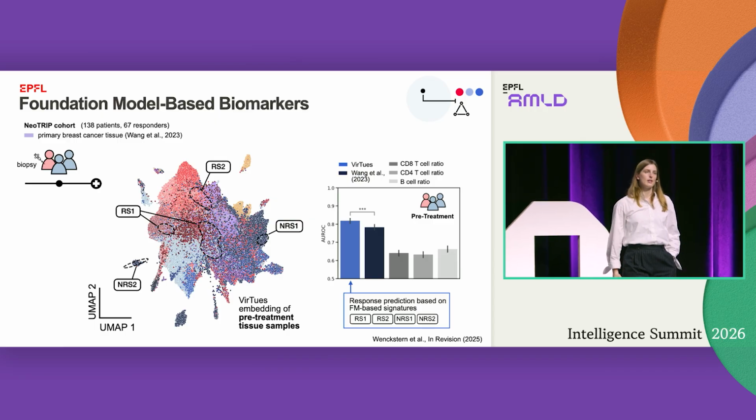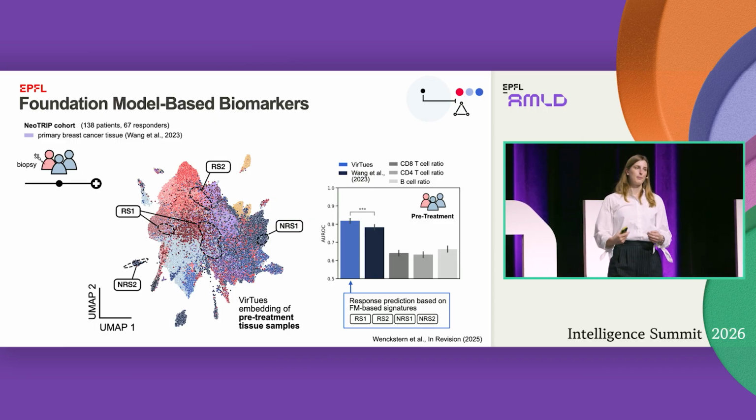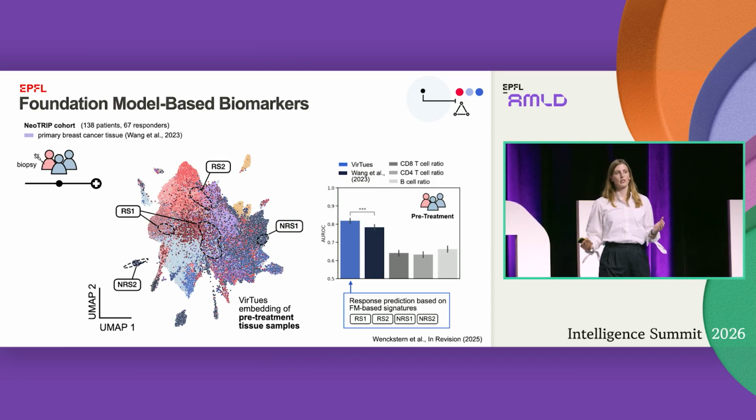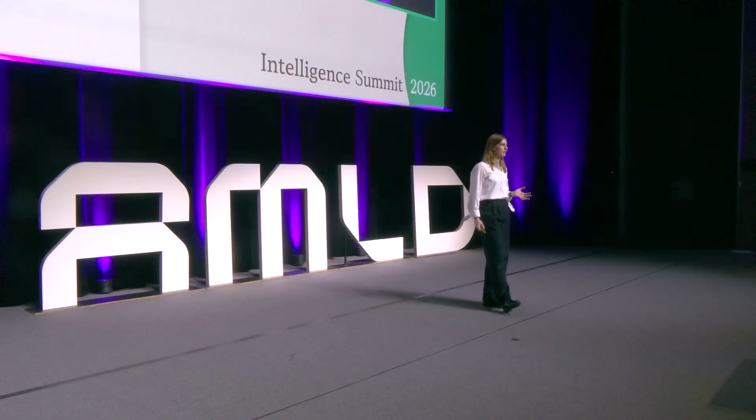The dark blue is the original Nature study that proposed in an entire publication a handcrafted biomarker. Those handcrafted biomarkers don't translate to the new clinical cohort if I have a new patient in a different context. Those foundation model-based biomarkers do.